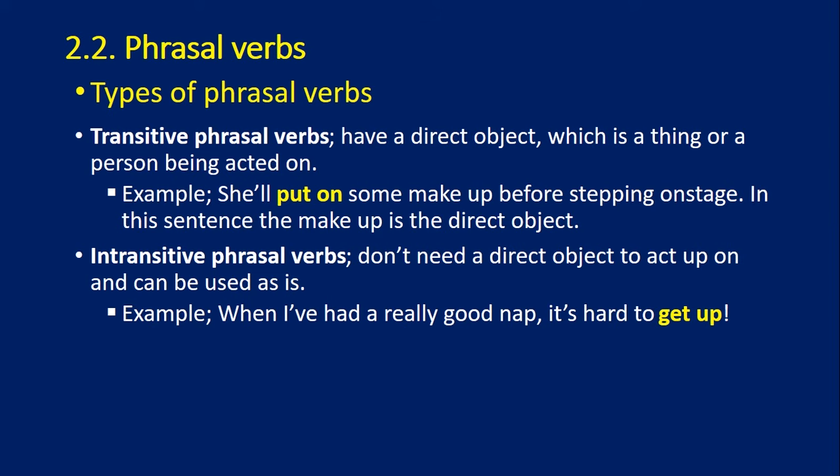This one, put on, if it follows the question of what is she putting on, it's a transitive phrasal verb. Here we have makeup. So what is she going to put on? She's going to put on some makeup. So if it follows the question of what, it's a transitive phrasal verb.